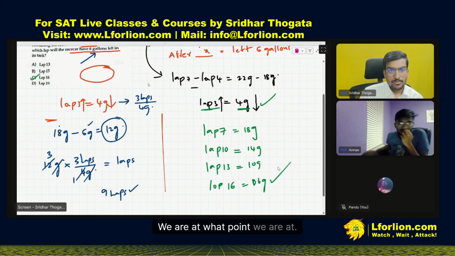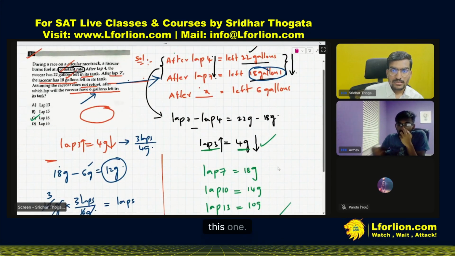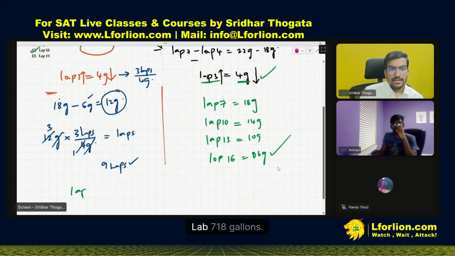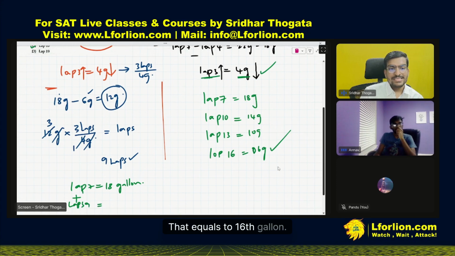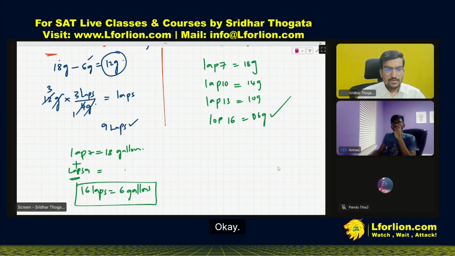We are at lap 7, 18 gallons. So we add 9 laps: 7 plus 9 equals 16. We get 6 gallons at lap 16. I just added these two. Is that clear? Okay.